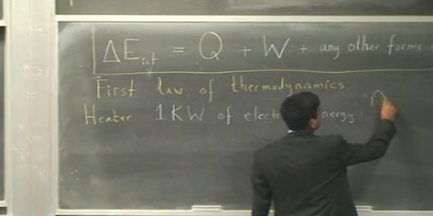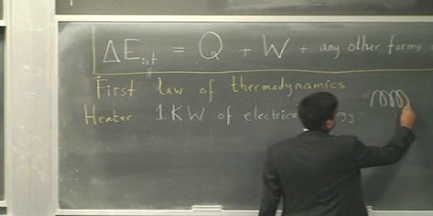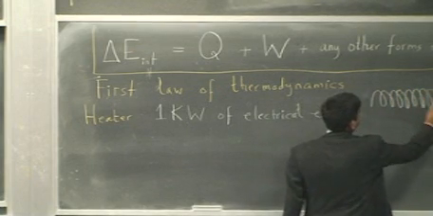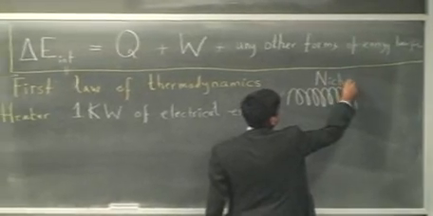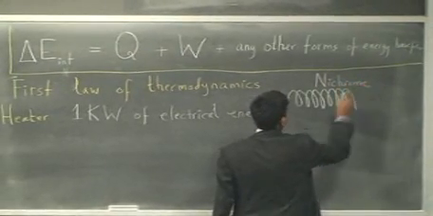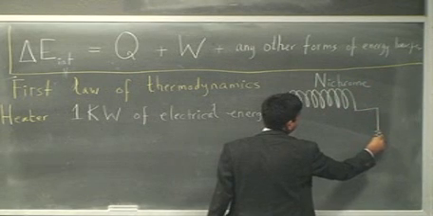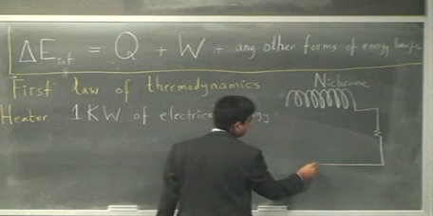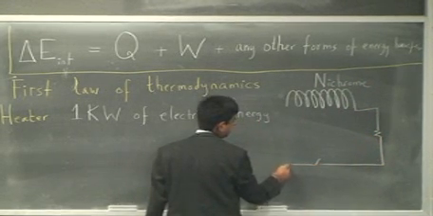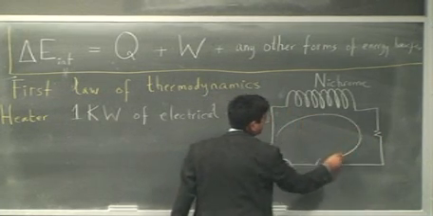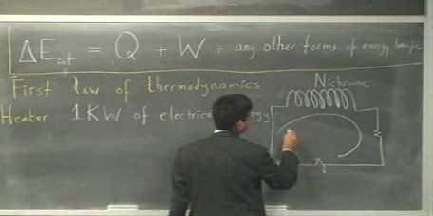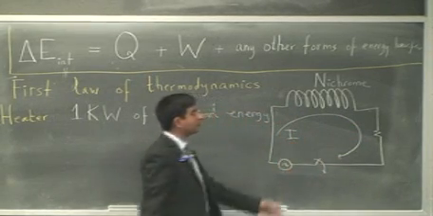The heater is simply a coil of resistive wire, generally nichrome. It is connected to the power supply. There is current that flows through the nichrome wire.